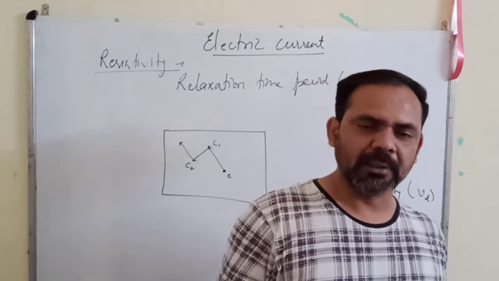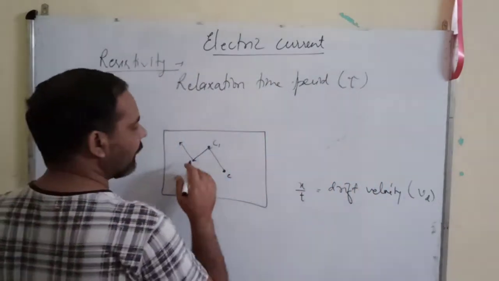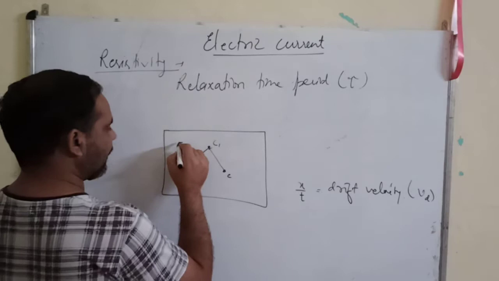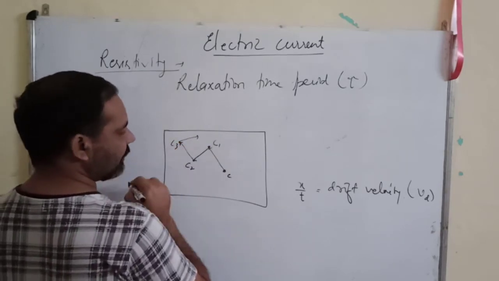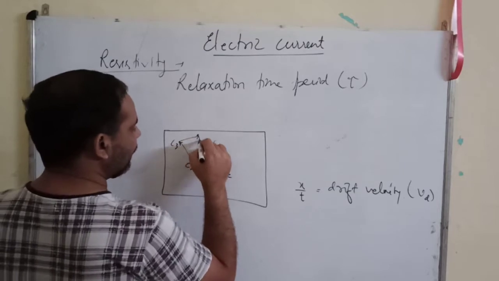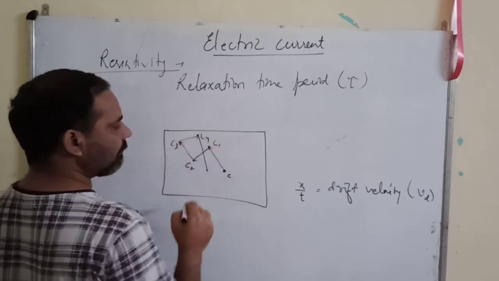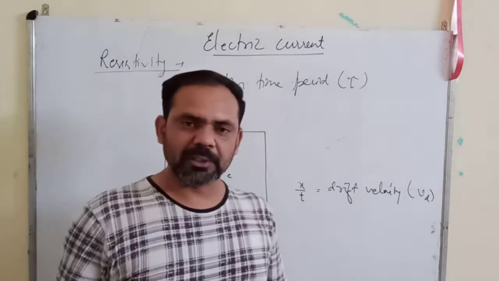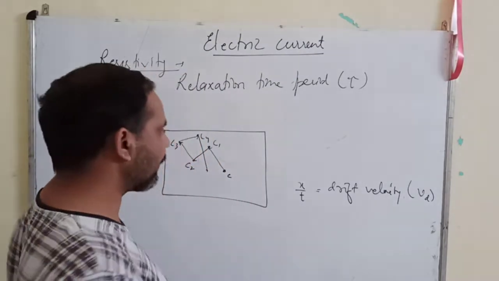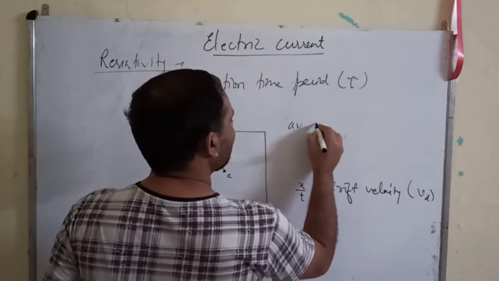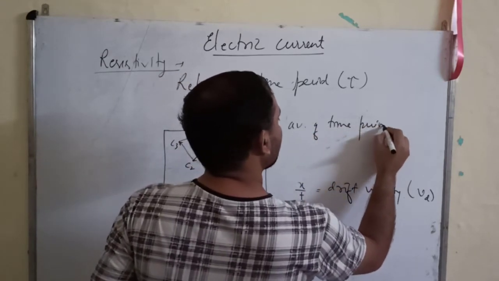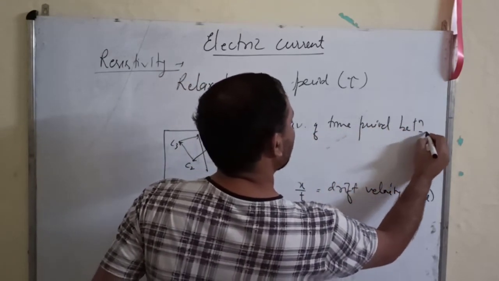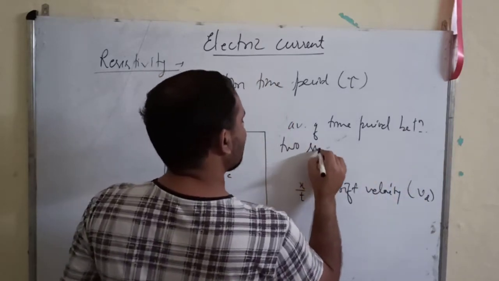So what we take is the average, because suppose here another collision takes place and the electron moves in this direction. So this is C3. Now again a collision and the electron moves like this. So this is C4. A large number of collisions will take place, so what we take is the average of the time period between two successive collisions.